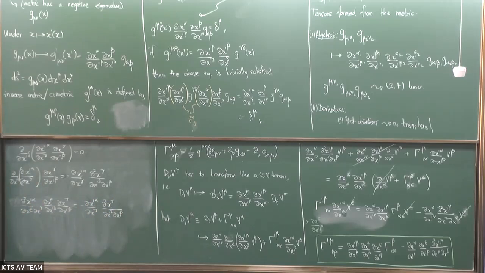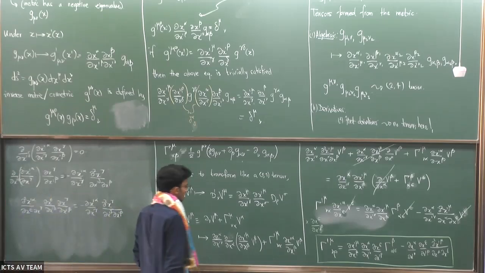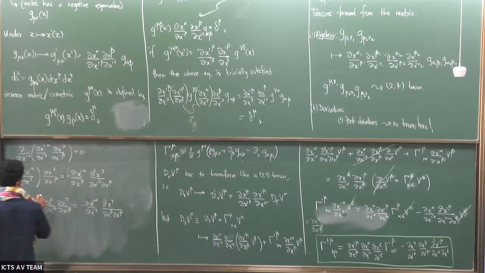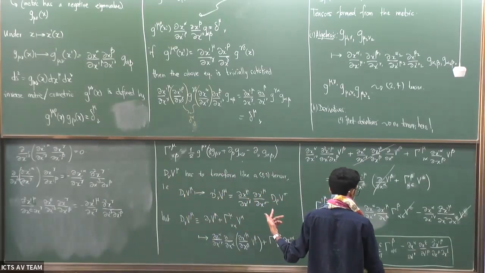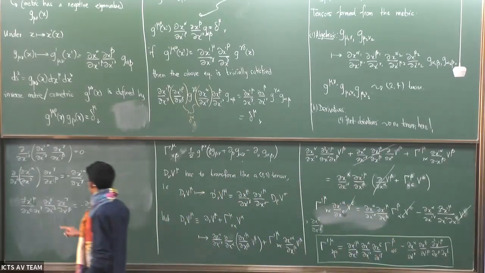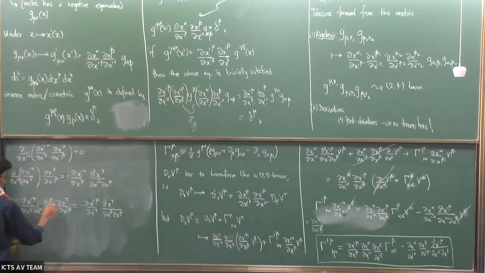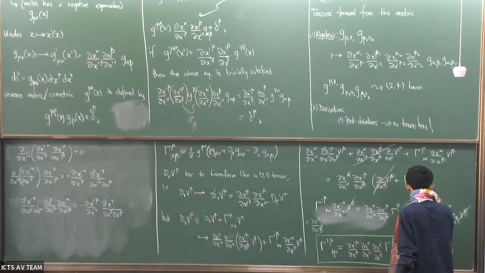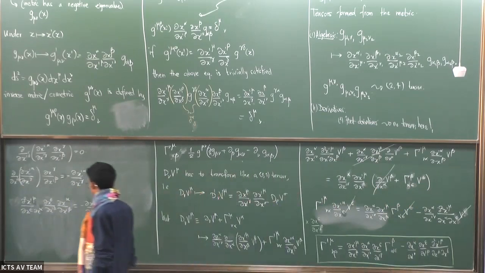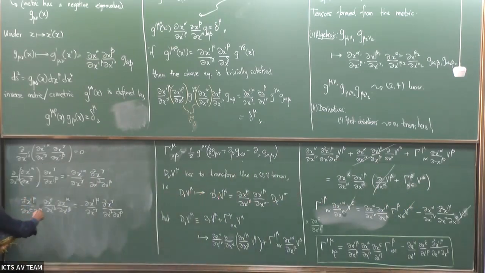Should I relabel indices for you guys? Let me see. Let me call alpha mu. Firstly, you should stop me if I'm going too fast because this relabeling of indices can really confuse people. Alpha and epsilon. Let me call gamma alpha. So alpha and epsilon, and then you want a new row. So let's call delta as new.